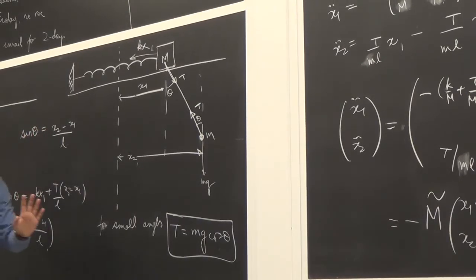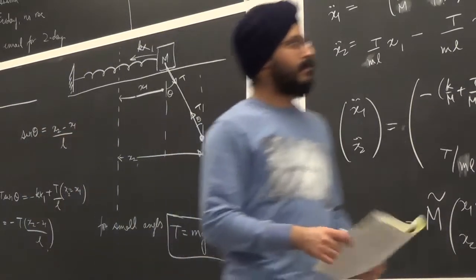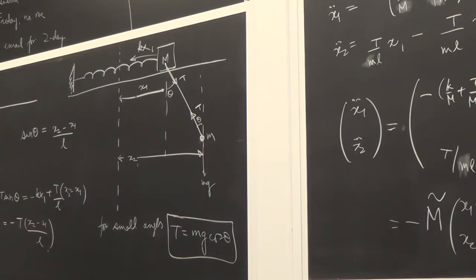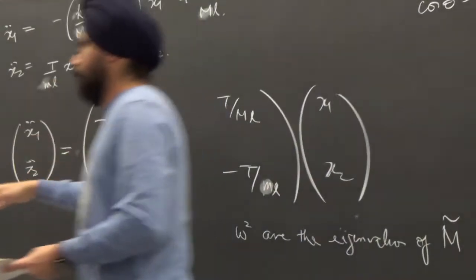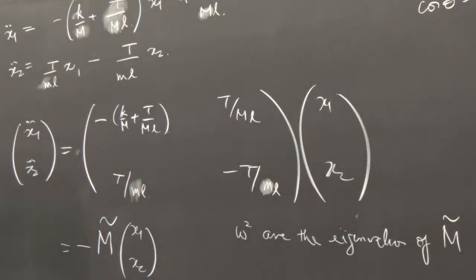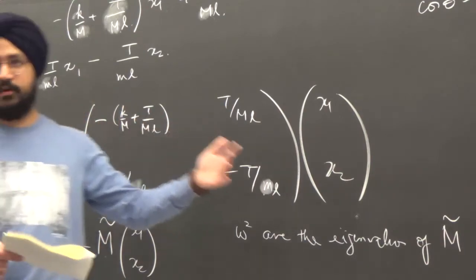So you want to keep it the way it is. Tension depends on where you are in this whole system, but for small angles, tension is approximately constant, and then this whole matrix becomes a constant. You see what I'm saying? So build it up. Don't jump the gun and try to get to this equation directly. Perturb the system, get the equations of motion, and go from there.